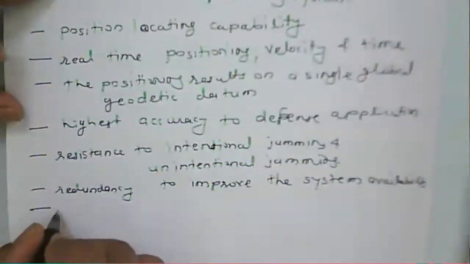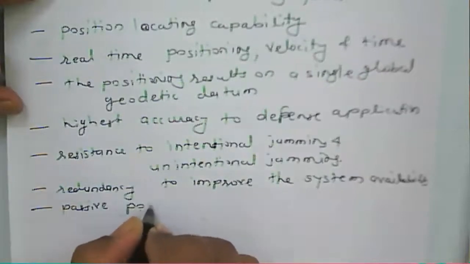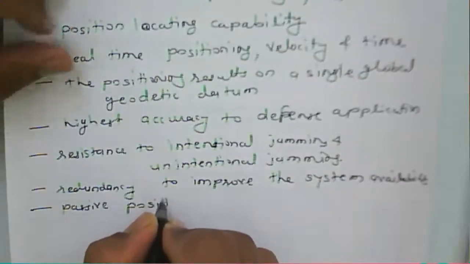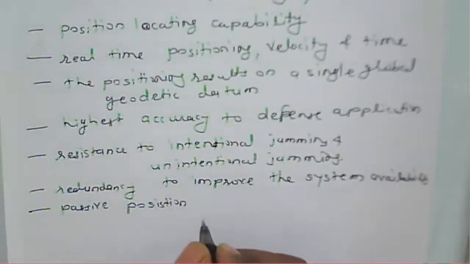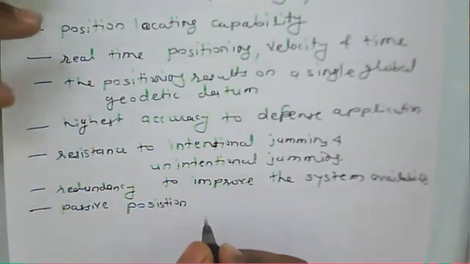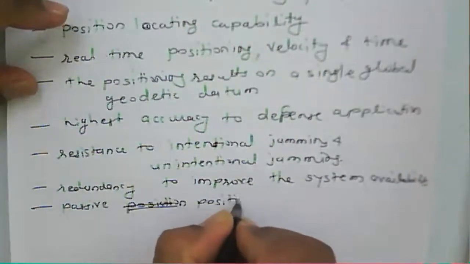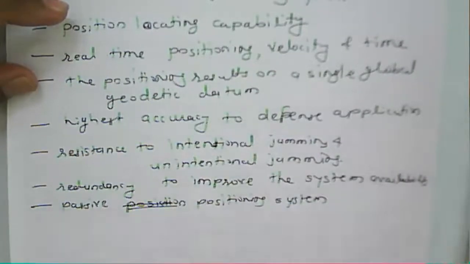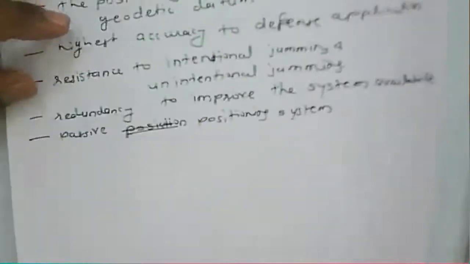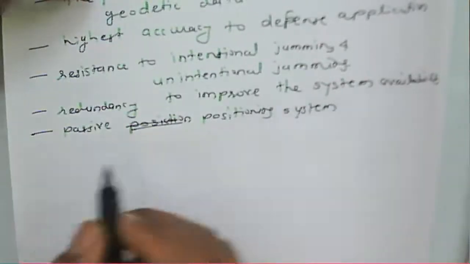Then it has a passive positioning system, and that passive positioning system requires one-way transmission from the satellite to the ground.